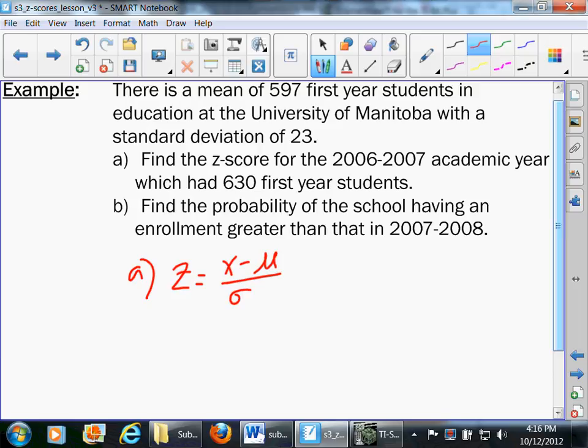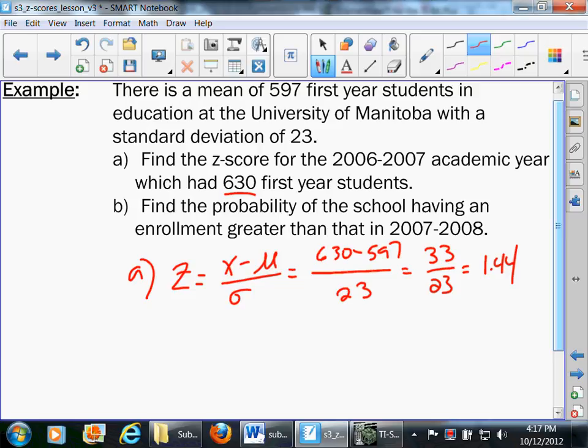Alright, so now that's going to give us x is 630. Mu is 597. Standard deviation is 23. So that's 33 over 23, which is going to be 1.44.